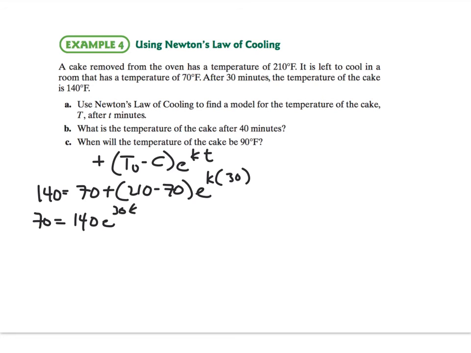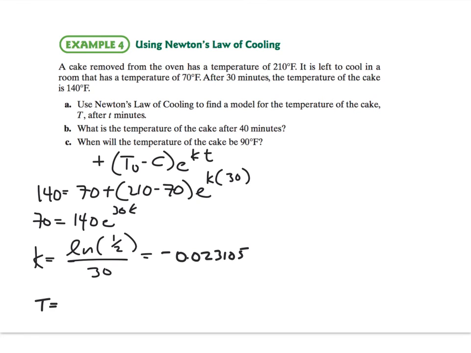To solve for k, it's going to be equal to the ln, and first when I divide the 70 by 140 I get 1/2, so it's the ln of 1/2 divided by 30, so that gives me a k value of negative 0.023105.